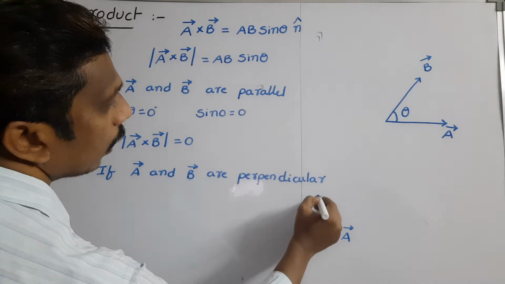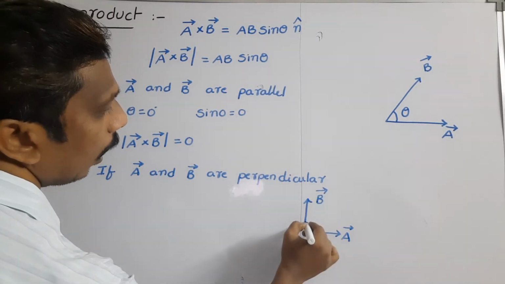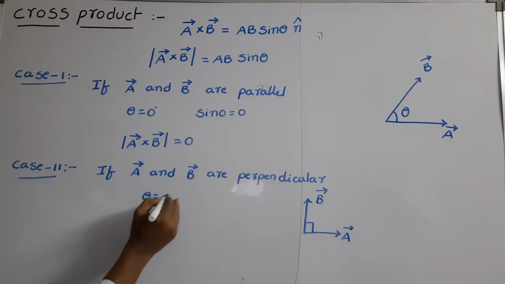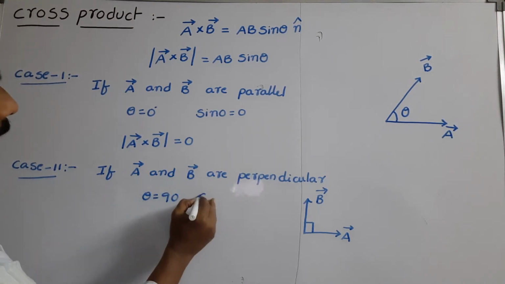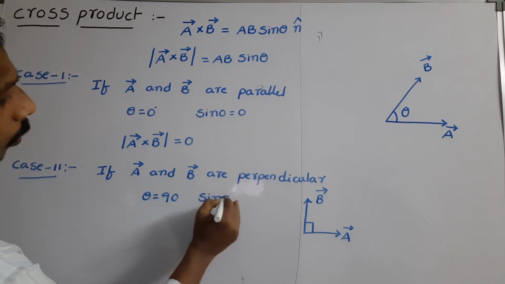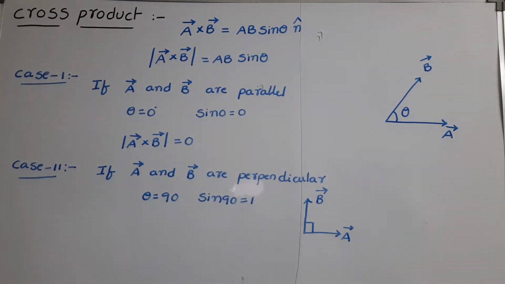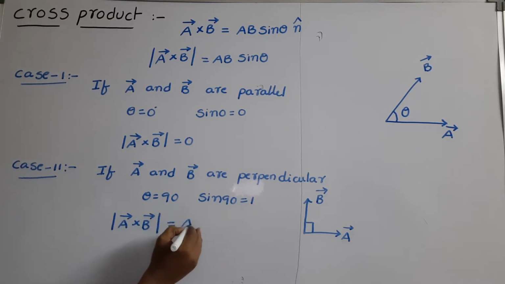This is the a bar direction, this one is the b bar direction. You take the angle between them as 90 degree. So theta is equal to 90 degree. Sine 90 degree is equal to 1. So the cross product between two vectors is maximum, and the magnitude of this cross product, a bar cross b bar, is equal to ab only.